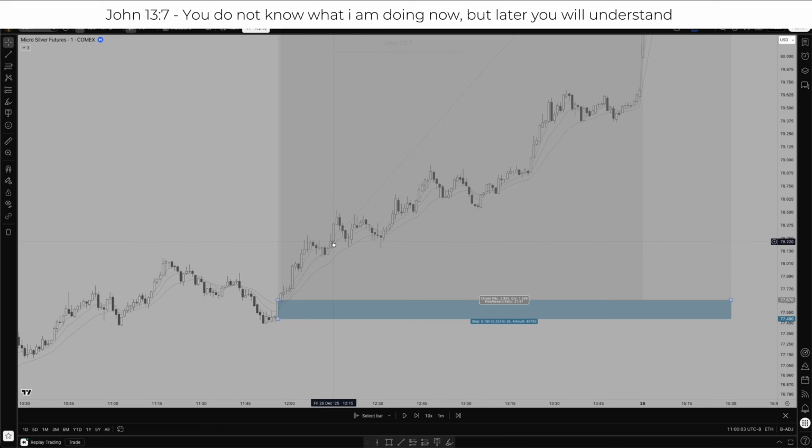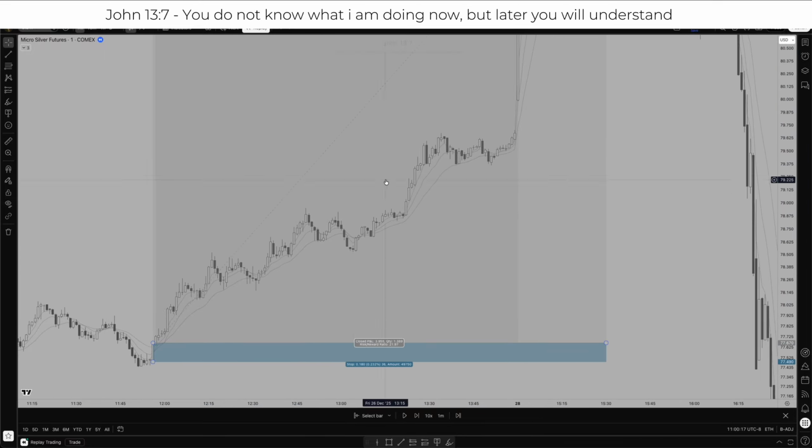Right, so I get taken out here if I was doing the pause candle low. The swing would keep me in. The swing would keep me in here. The swing would take me out.